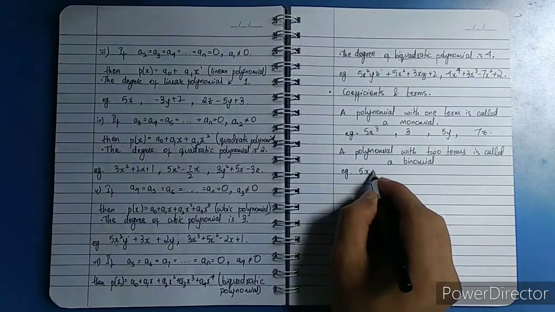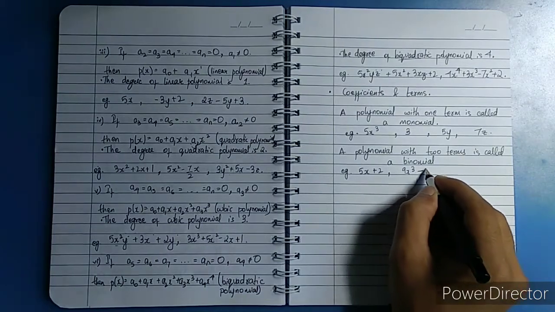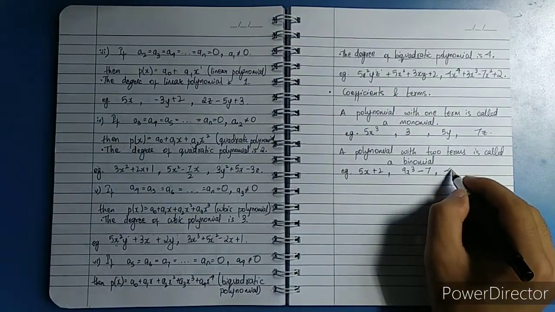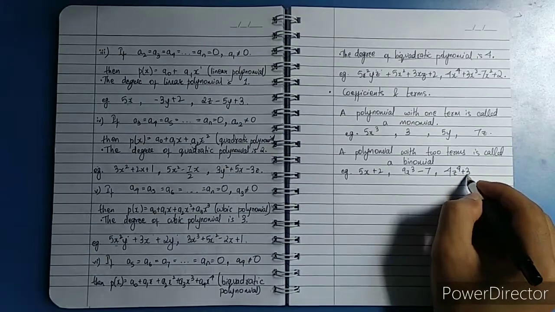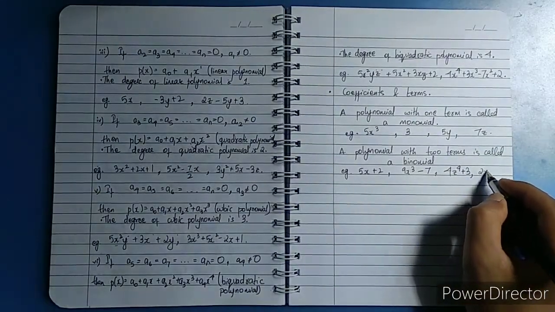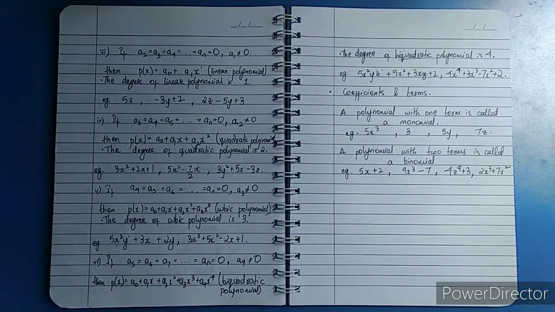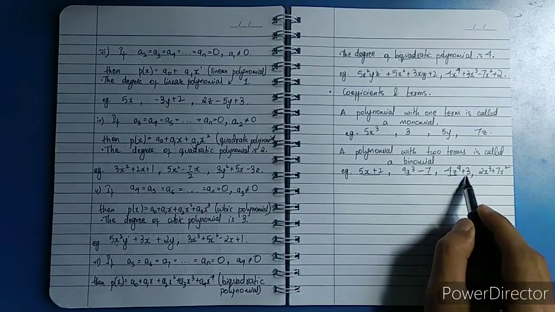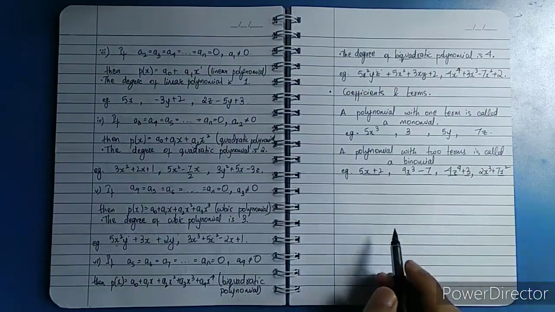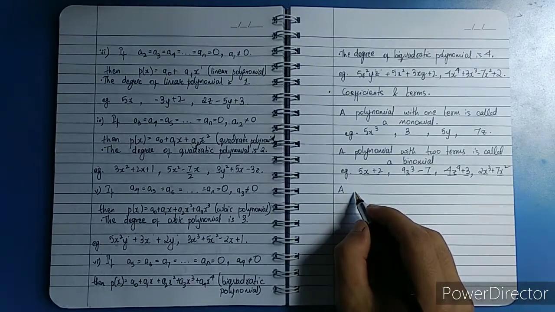Example, 5x plus 2, 9x cube minus 7, 4z to the power 9 plus 3, 2x cube plus 7x square. All these are binomials because all of them have two terms, one term, two term, one term, two term, one term, two terms.